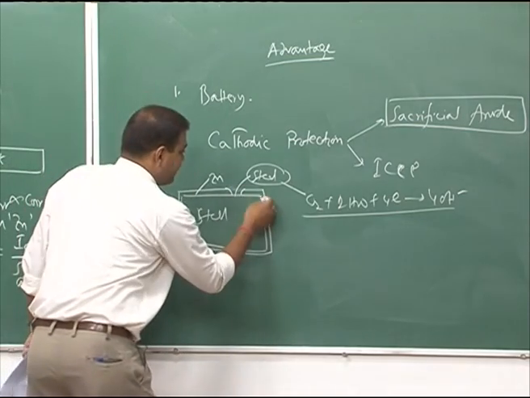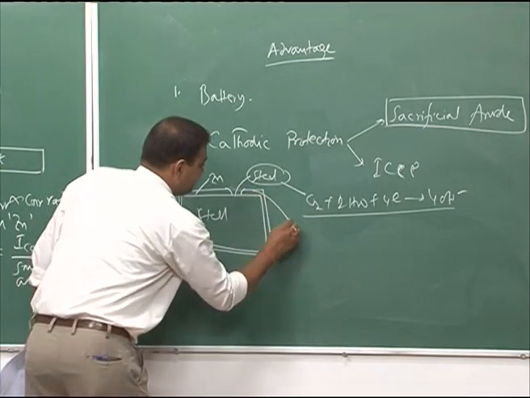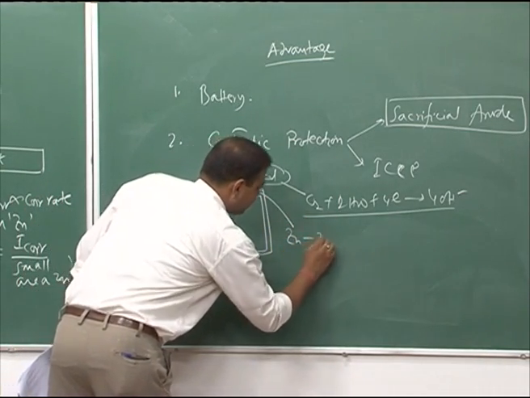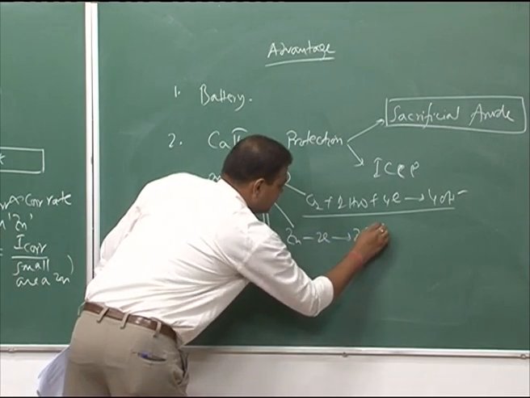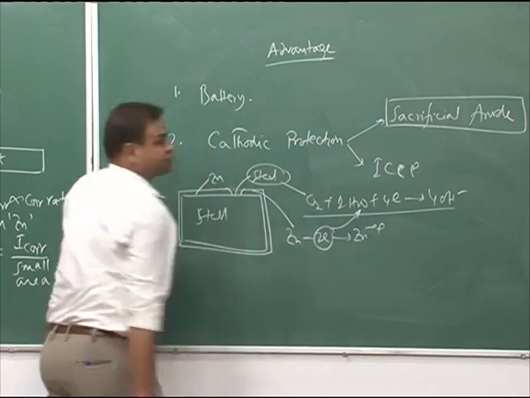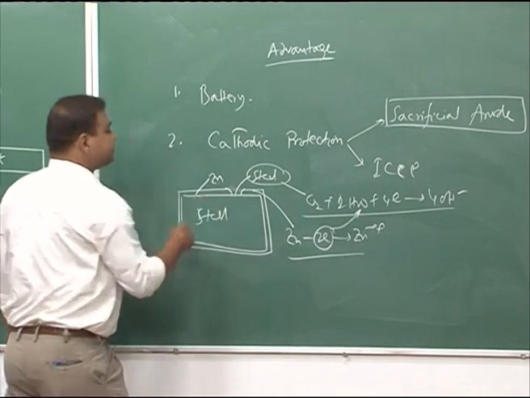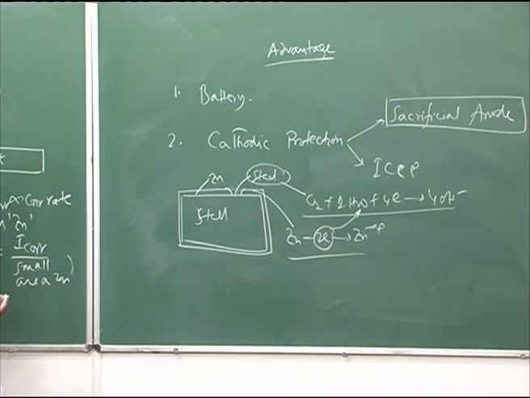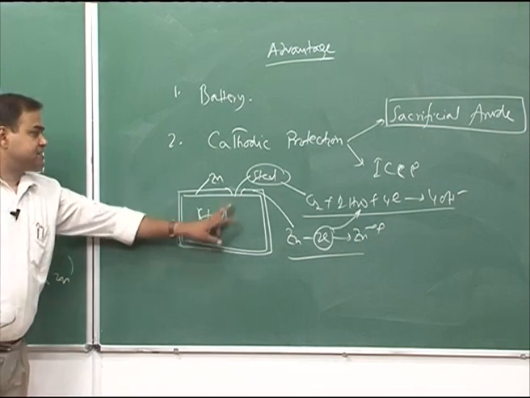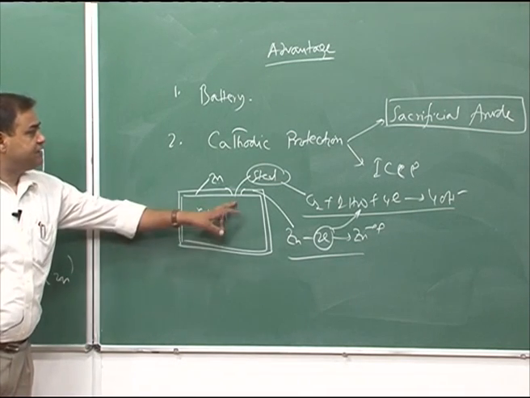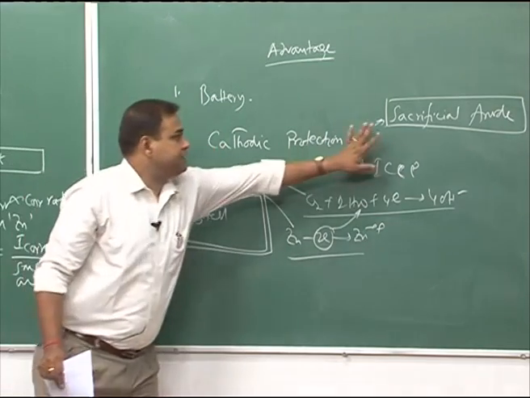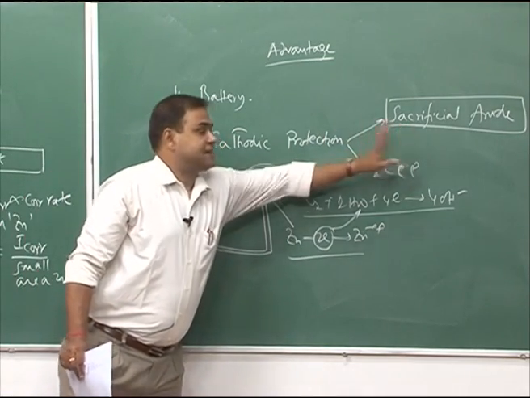When we have this reaction, zinc would dissolve and supply electrons for it. So, this is my anodic reaction. Zinc is sacrificing itself and protecting the steel surface, and this gives rise to one particular mechanism for cathodic protection, that is sacrificial anode.